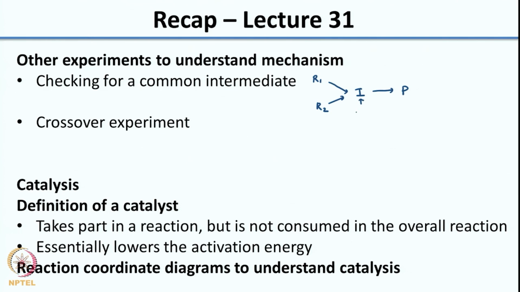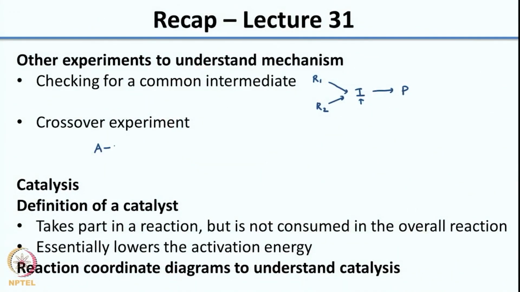This is a nice trick used to determine the nature of the intermediate, where you choose slightly different reactants. By working out the mechanism, if you assume that both form the same intermediate, based on the product formed, you can say that this is the intermediate that is formed. And we had looked at two examples as to how this method is used to determine the mechanism.